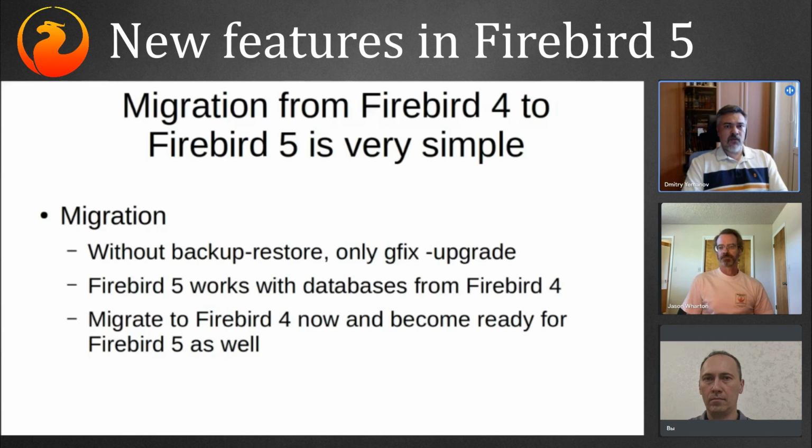And a couple of optimizer changes are still in the pipeline. They were tested by customers, and now they're being merged into Firebird 5. I don't know about any big features pending anymore, so actually it's a matter of a few things to be committed and reviewed, and that's it. That's great.